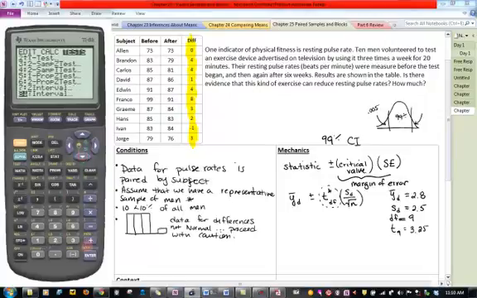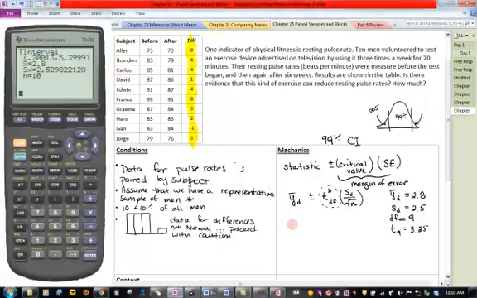So we're going to go to t-interval. We're reading data in. Data is in L3, and our confidence level in this case is 0.99. Higher confidence, wider interval. Calculate. Our interval is 0.2 to 5.4.